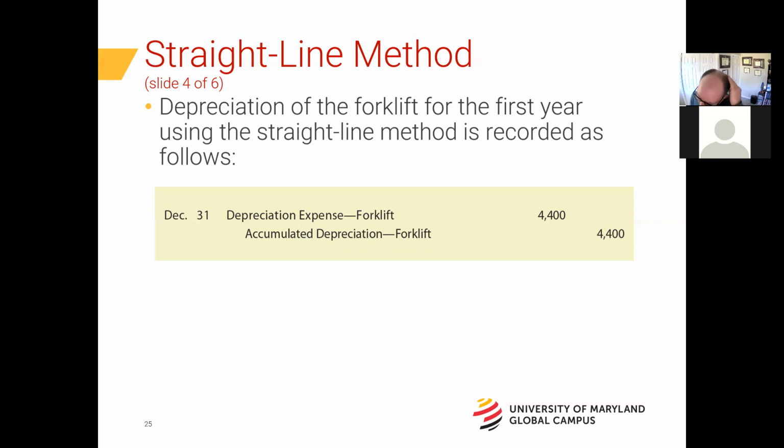As you know, assets normally carry a debit balance. A contra account that is an asset would carry a credit balance. Accumulated depreciation is an asset account that is a contra account, meaning accumulated depreciation carries a credit balance.